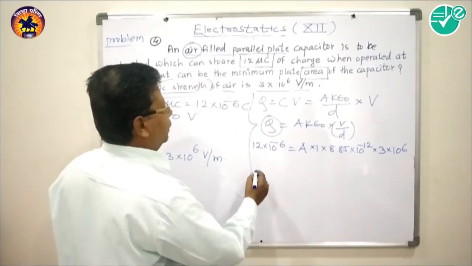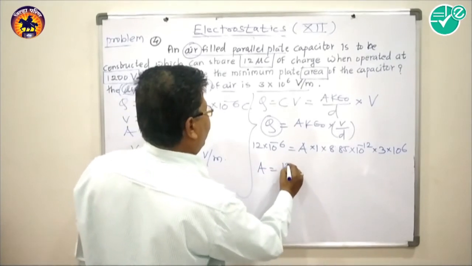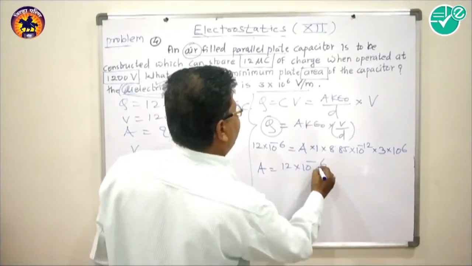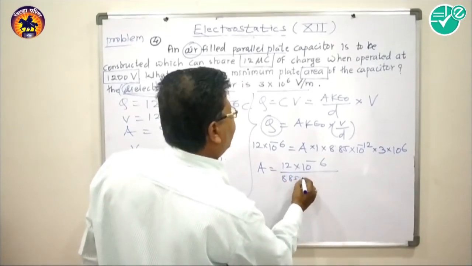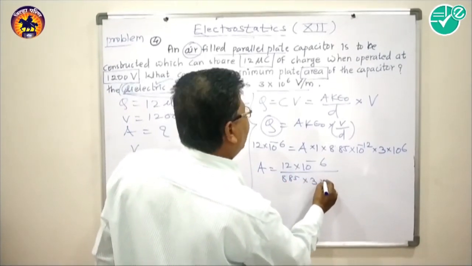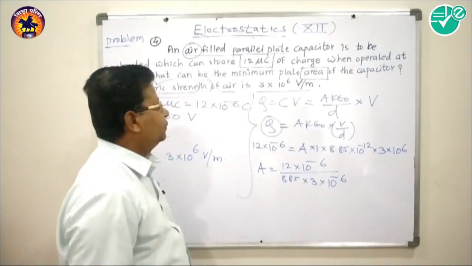And from this, A is equal to 12 into 10 to the power minus 6 divided by 8.85 into 3 into 10 to the power minus 6.